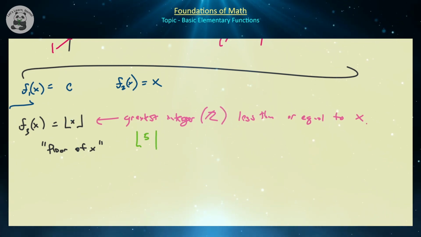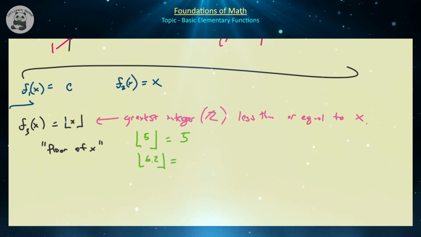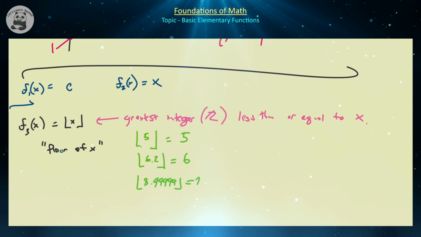If we take a number, in particular an integer, and round that down to the nearest integer less than or equal to it, it's going to be that integer itself. If we consider, for example, 6.2 and round that down to the nearest integer, that's going to be equal to 6. You could, for example, have 8.99999, round that down to the nearest integer less than or equal to it, that's going to be equal to 8. And once we get into the negative integers, you have to be careful a little bit.